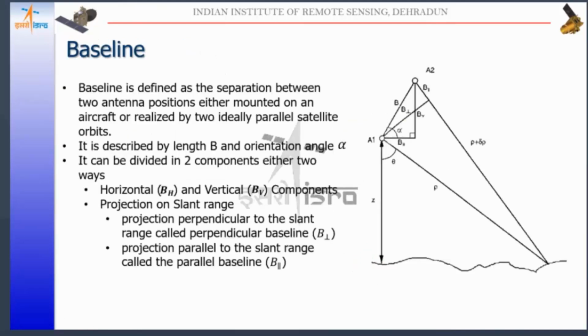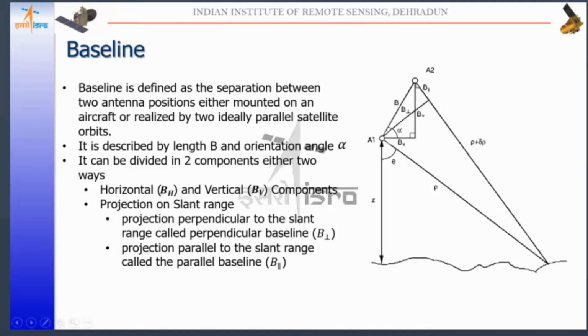Before going to the interference, first we will discuss the InSAR geometry. In InSAR geometry, we will see basically the baseline. So what is the baseline? Baseline is defined as the separation between the two antenna positions, either mounted on an aircraft or realized by two ideally parallel satellite orbits.